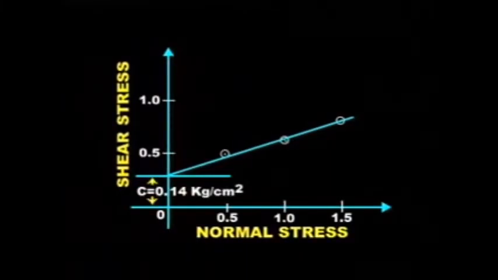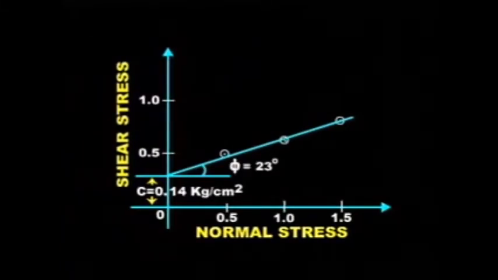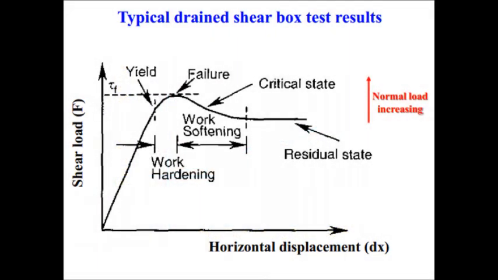The cohesion parameter C, after calculation, we have found to be equal to 0.13 kilogram per centimeter square, and we are also able to determine the friction angle, which is equal to 25 degrees.